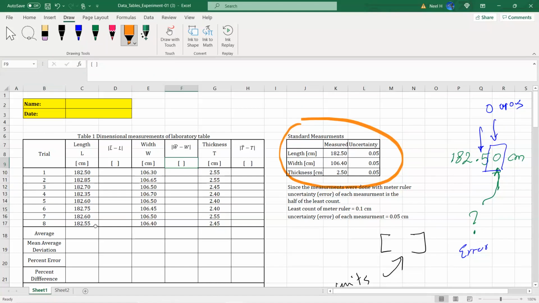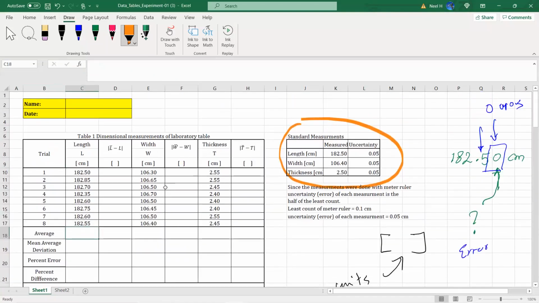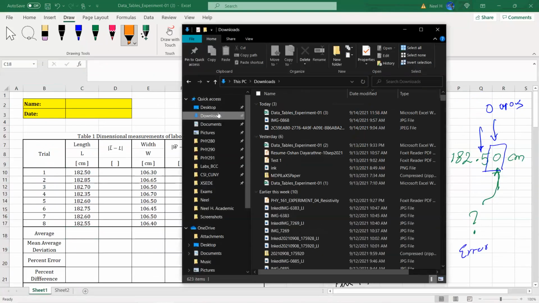All right, so we'll do the average. Now in Excel, you're not supposed to use a calculator. Don't use it because I'm interested to see those Excel functions, okay? That's why, with the original Excel sheet, after we complete it, you save it. When you download it, usually the Excel file downloads into your download folder, right? You download it, open it, work through it.